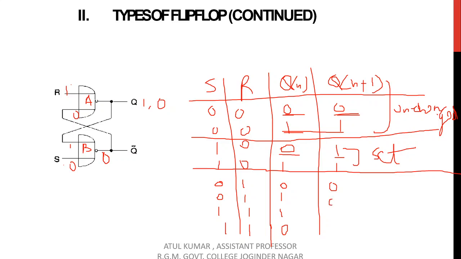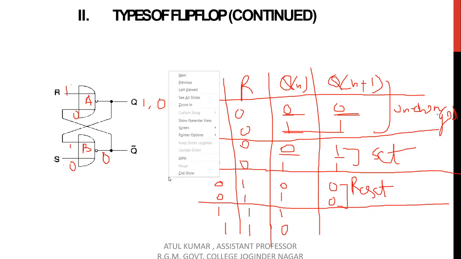So when S is equal to 0 and R is equal to 1, whatever be the previous state, it will always be set to 0. So this state is called the reset state in case of SR flip-flop, when S is equal to 0 and R is equal to 1.